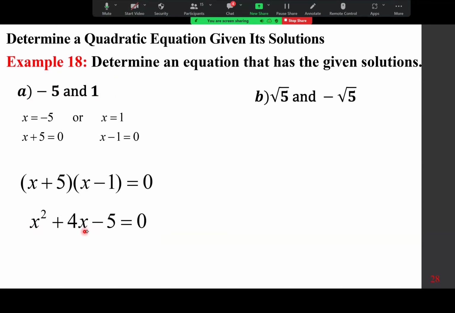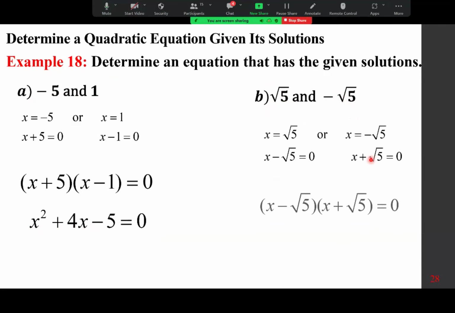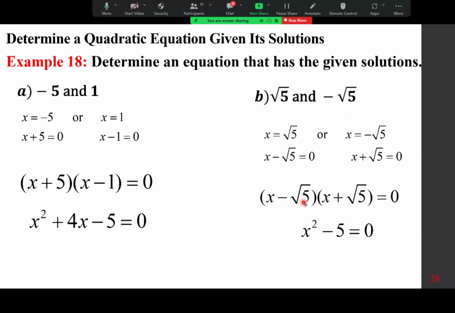All right, so the same thing as this one, x is the square root of 5, so x minus square root of 5 is 0. X is minus square root of 5, that means x plus square root of 5 is 0. Their product is 0. And I hope you remember a minus b, a plus b is a squared minus b squared. So when you square this, it comes out x squared minus 5 is 0. Very straightforward, everybody.